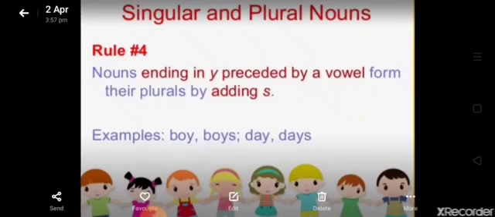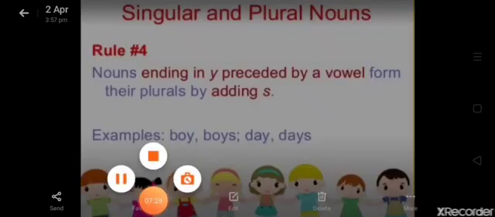So, this is rule number 4. Remember this always: nouns ending in y preceded by a vowel form their plurals by adding s. Examples: boy, boys; day, days. These are the examples of making plurals.